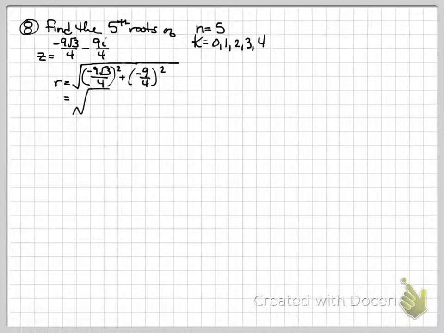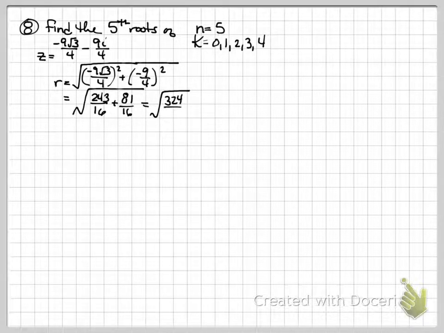So if I square the first one, I'm going to get 81 times 3 over 16, so that's 243 over 16 plus 81 over 16, and it gives me the square root of 324 over 16. Well, 324 is a perfect square, so that becomes 18 over 4, which just reduces to be 9 over 2. So there's my r.